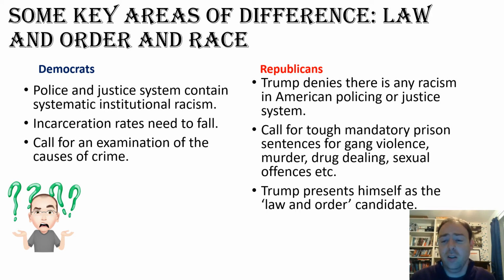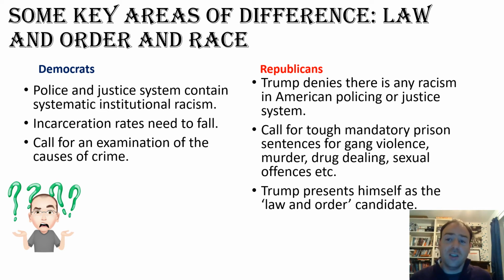And so what the Democrats are saying is essentially we need to get incarceration rates down. America imprisons people like basically no other country in the Western world, and they call for a real examination in terms of the causes of crime.